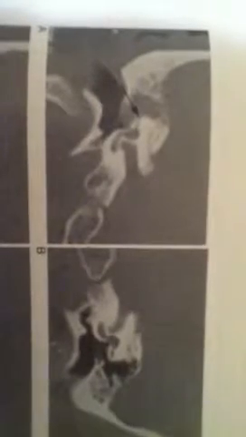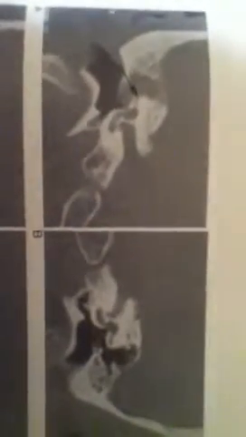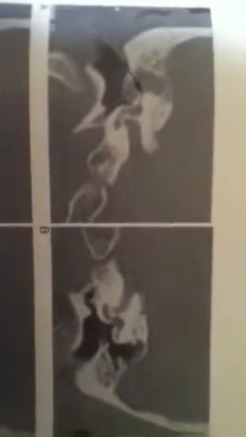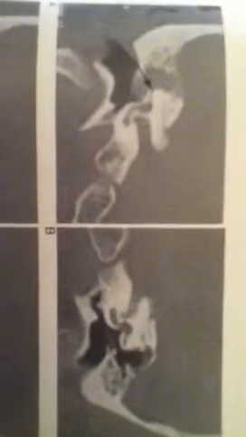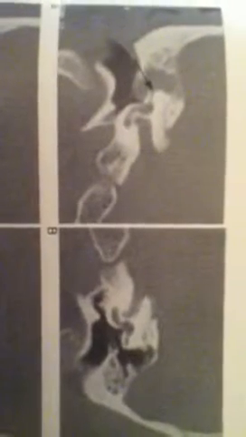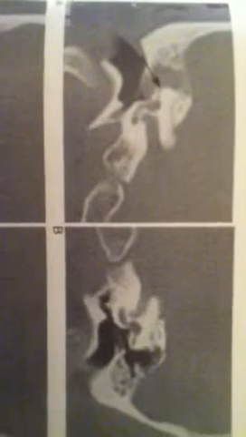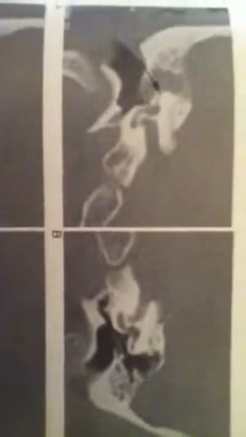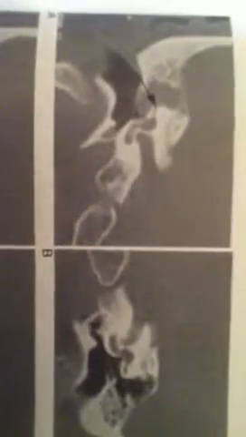There is normal physiological toilet available for the desquamated skin cells of the tympanic membrane, but when this pathology occurs with the obstruction of the eustachian tube and the in-pulling of the pars flaccida, the desquamated cells start accumulating and form a ball of skin called keratoma, which is more frequently and incorrectly called a cholesteatoma.